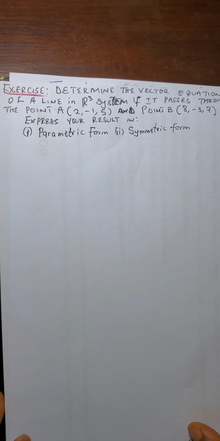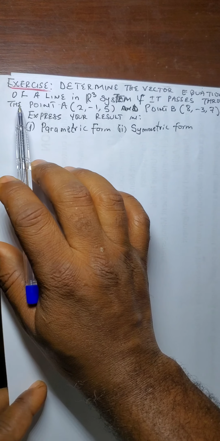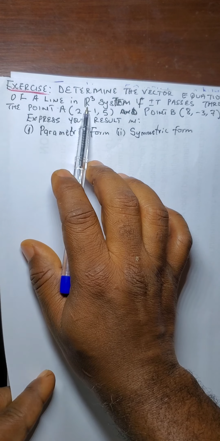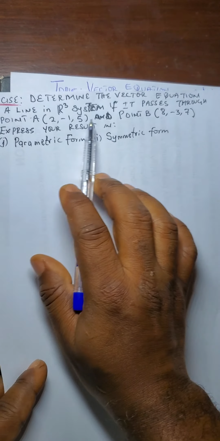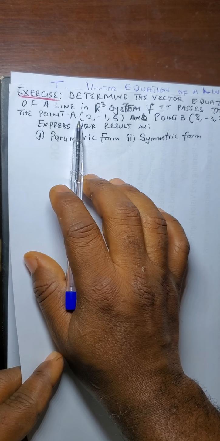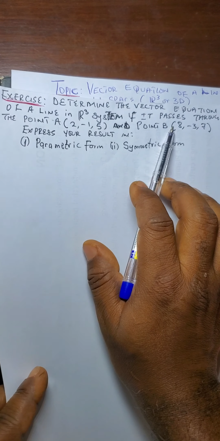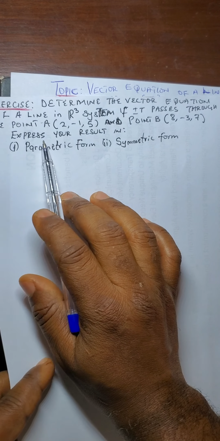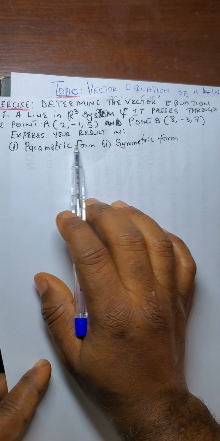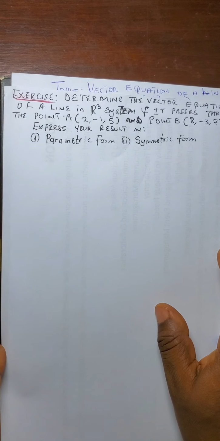The question states that: determine the vector equation of a line in a real number system if it passes through the point A given as 2, minus 1, 5, and point B given as 8, minus 3, 7, and that our results should be expressed in parametric form and in symmetric form. How do we do that? That's what we want to do now.